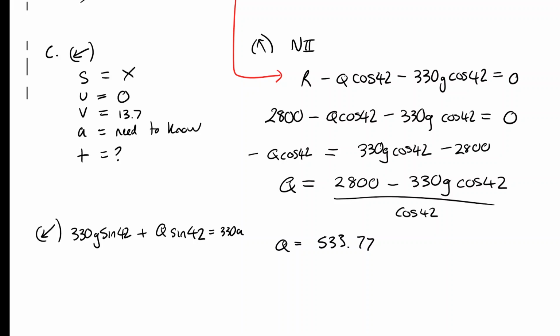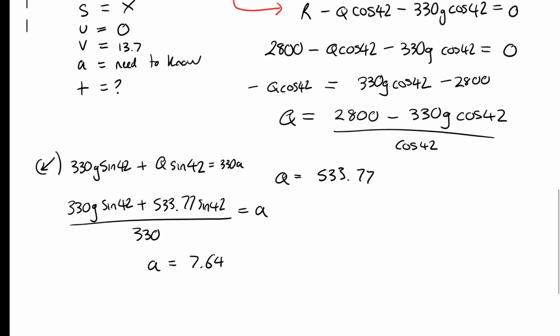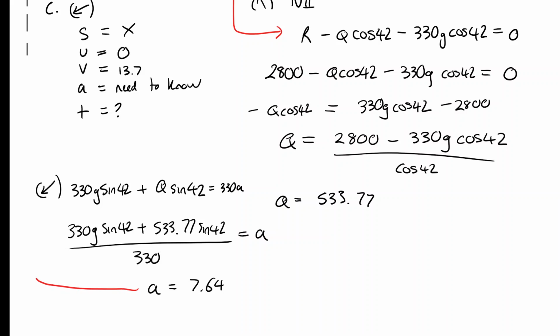We know q is 533.77, so 330g sine 42 plus 533.77 sine 42 all over 330 is equal to a. So the value of acceleration is 7.64 meters per second squared. So that's now the information we needed. It took a while, but it's the information that we needed to fill in here. Again, it's always easier to deal with it if we write it in where it belongs.